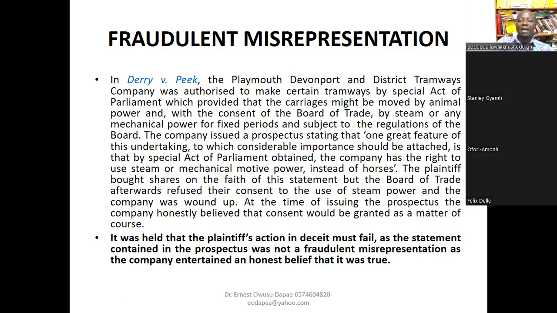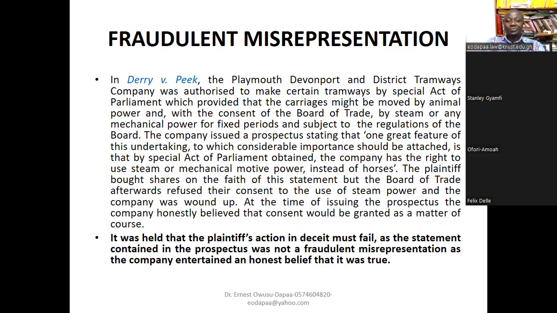So what exactly happened in Derry and Peek? Well, there was a company which was authorized to make tramways. If you go to the UK or some other countries, you see what you call trams. A tram is not exactly like a train, but it's a particular type of train.